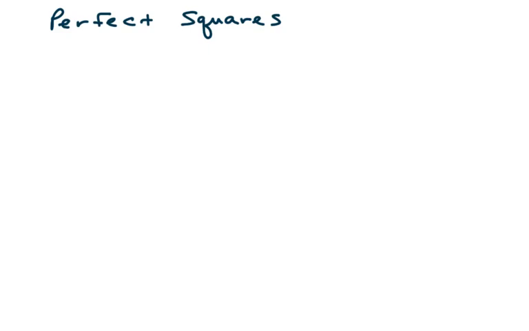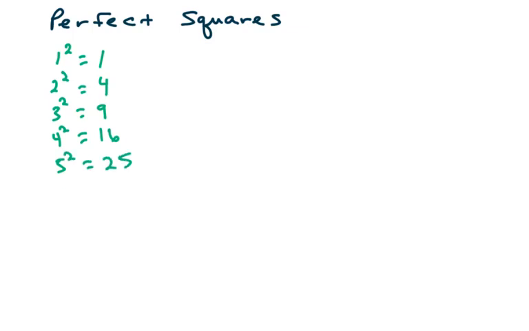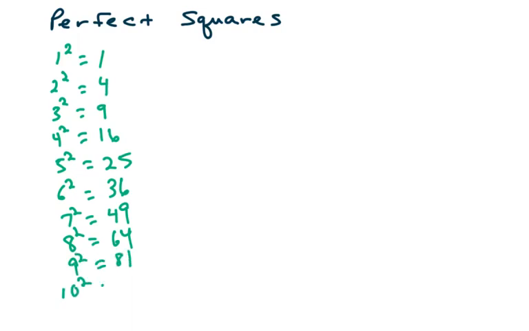So we know 1 squared is 1, 2 squared is 4, 3 squared is 9, 4 times 4 is 16, 5 times 5 is 25, and then I'll finish writing the rest. So these are good to have handy or in the back of your mind. And you'll see why in just a minute.